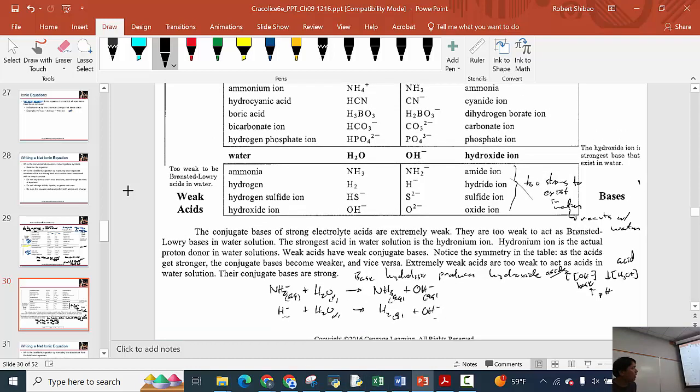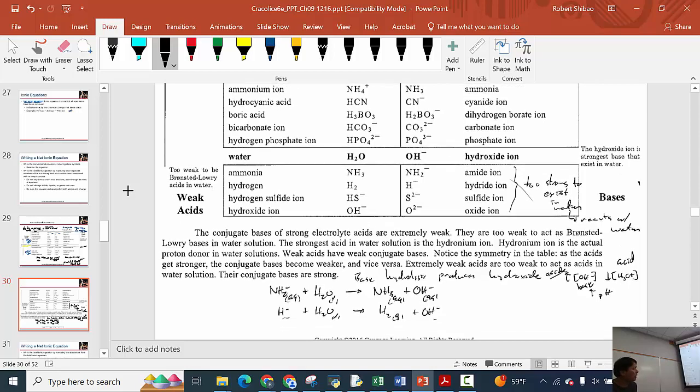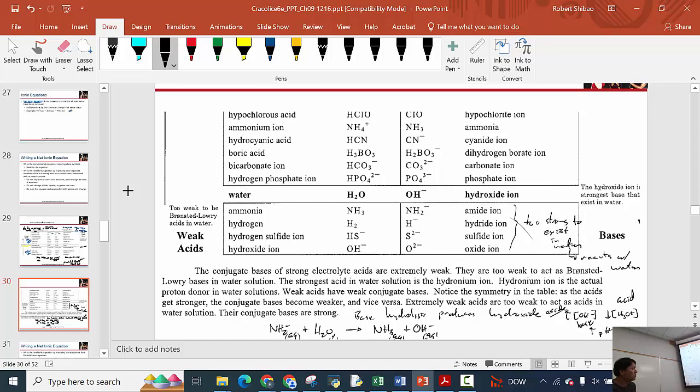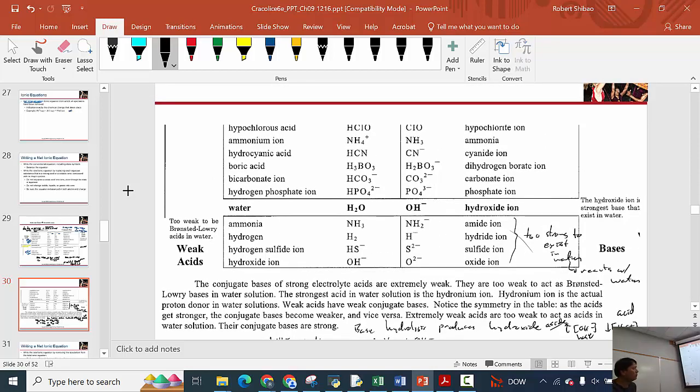So all these produce 100% hydroxide. It's not exactly 100%, so just say about 100%. But weak bases produce less hydroxide. Something like phosphate will produce a lower percentage. Phosphate is a base and it reacts with water.